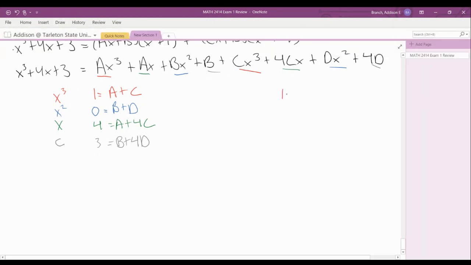We can say 1 is equal to a plus c, and the other equation for that system would be 4 is equal to a plus 4c. Then our second system has our b's and d's: 0 is equal to b plus d, and 3 is equal to b plus 4d.